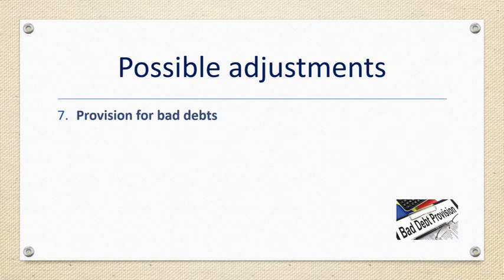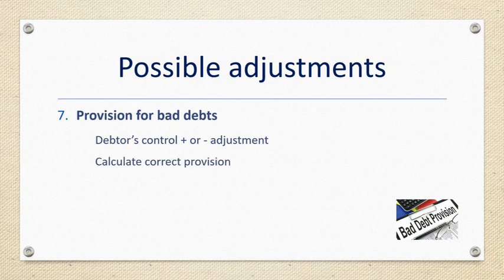Provision for bad debts, we have to provide for possible bad debts. The debtors control that was given, plus or minus any adjustments that might have occurred, bad debts written off, or a debtor that returned goods, so we get our correct amount for debtors control. Then we calculate the correct provision, the 4%, the 5%. Sometimes we give you the amount that it is supposed to be. And then you must compare that to the actual amount that is currently on the pre-adjustment trial balance. And if the provision has to increase, we have to make the provision more.